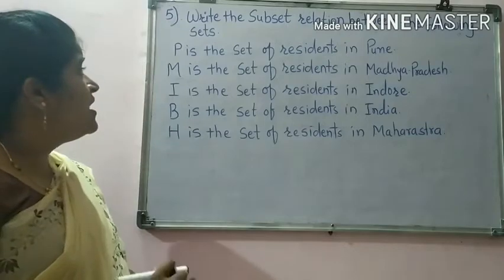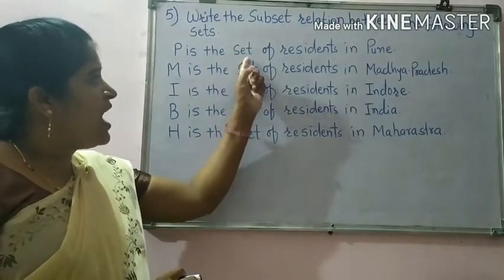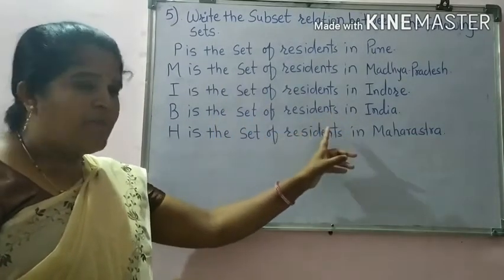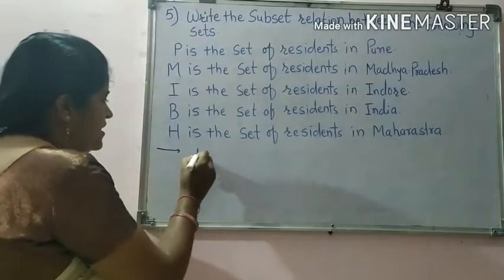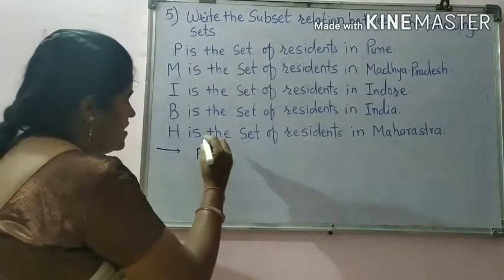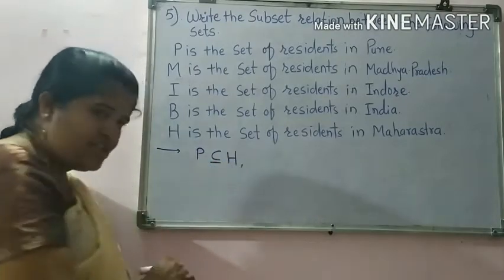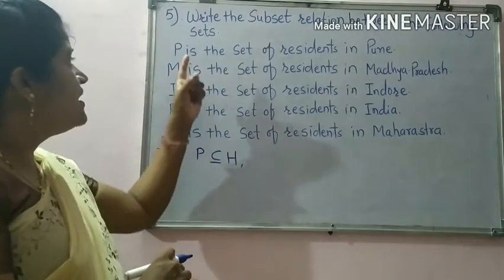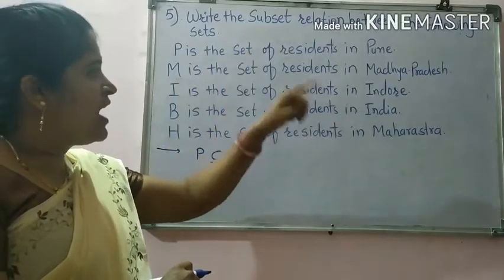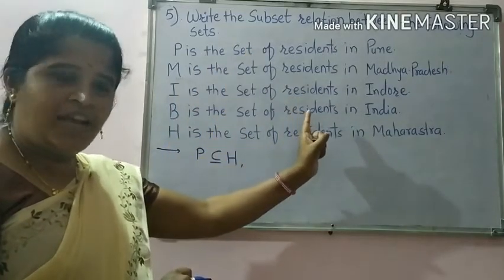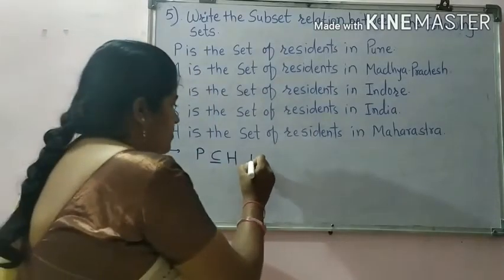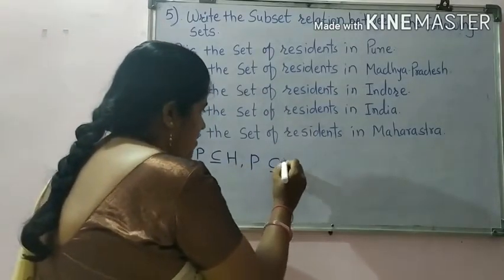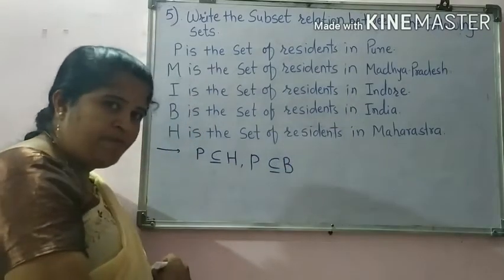Now see here, the residents in Pune are also residents of Maharashtra. So therefore, set P is a subset of set H. Also, the residents in Pune are also residents of India. Therefore, P is also a subset of B.